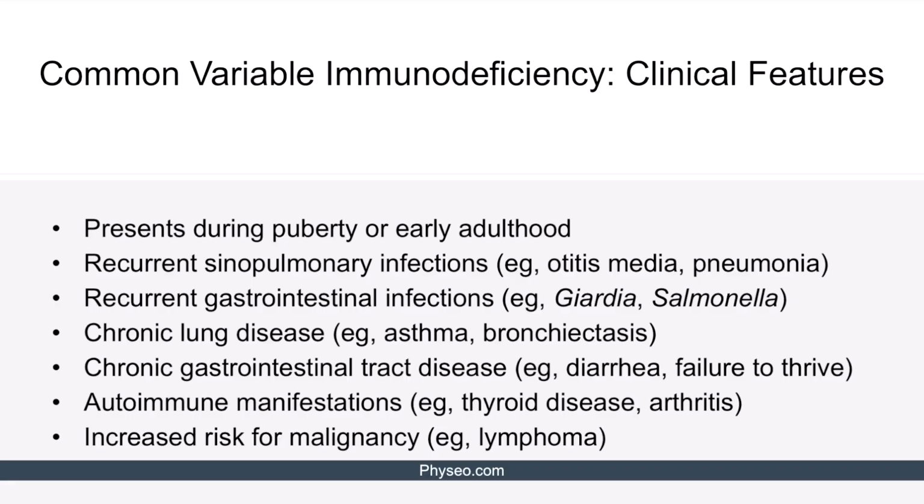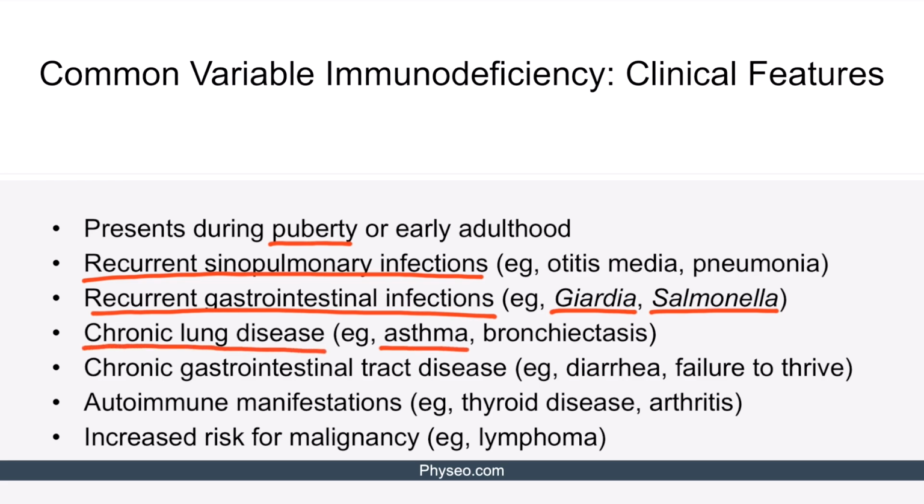Recall from this slide that common variable immunodeficiency typically presents during puberty or early adulthood, and that it is associated with recurrent sinopulmonary infections and recurrent gastrointestinal infections, particularly due to Giardia and Salmonella. Also, note that these patients also often suffer from chronic lung disease, such as asthma or bronchiectasis. Hence, our 14-year-old with a history of asthma, recurrent ear infections, and recurrent bouts of giardiasis fits this clinical presentation quite well.